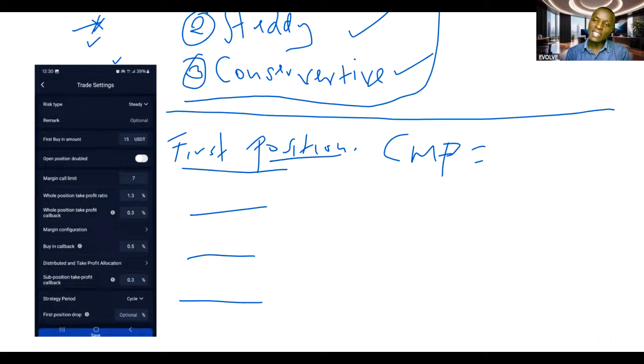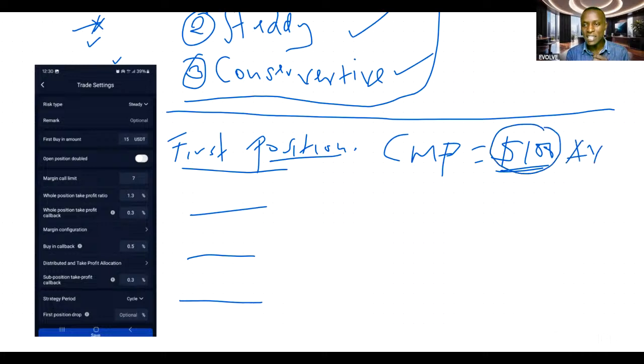If the current market price of the coin is trading at $100, this is an example, and you entered the market, you made the first buying amount, your FBA, you bought it at this price. So this became your average price.